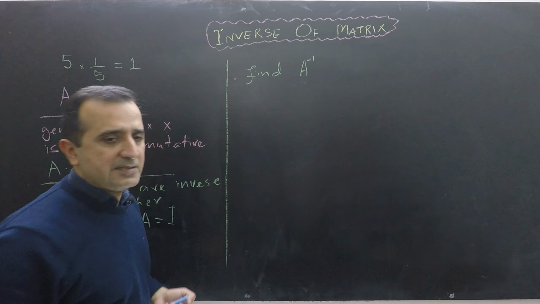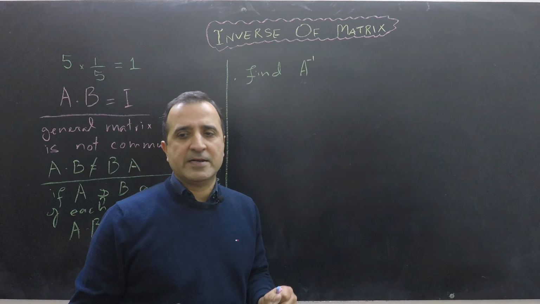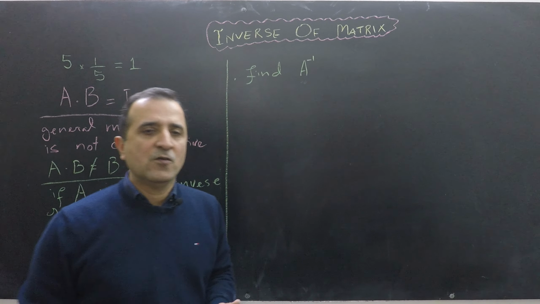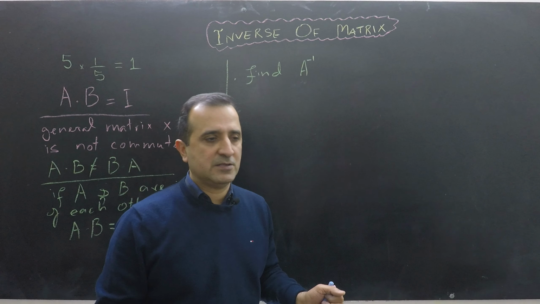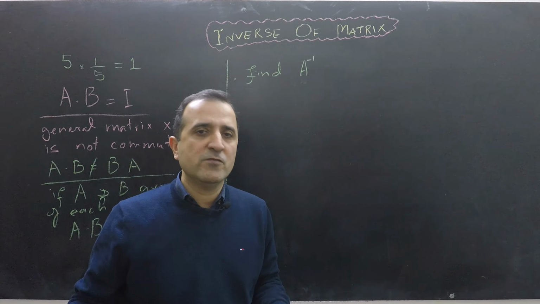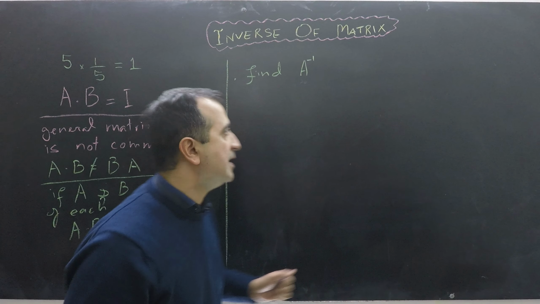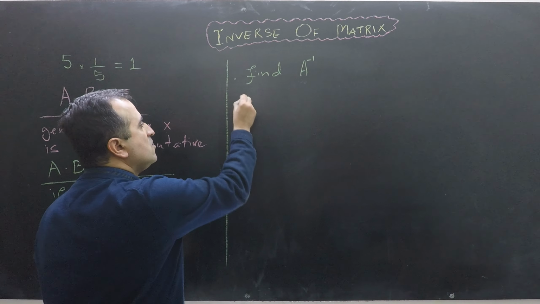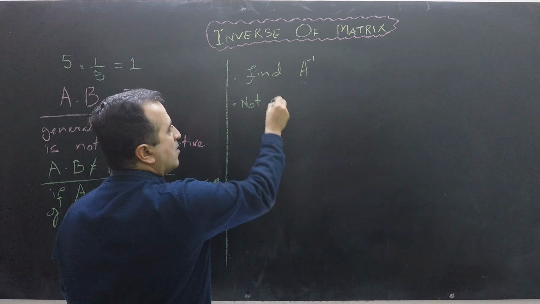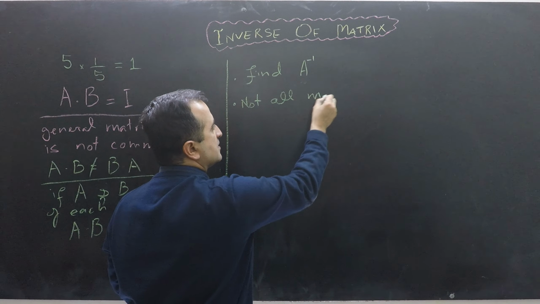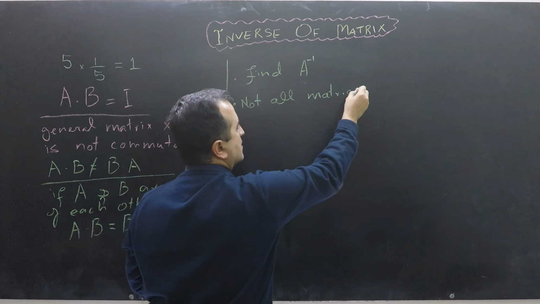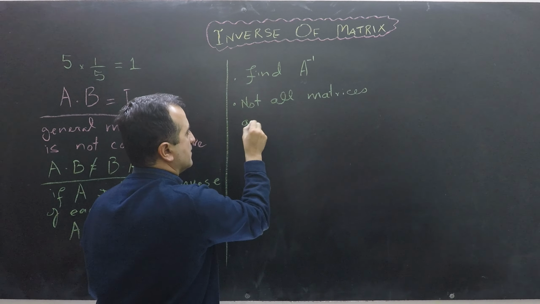An important thing is that not all matrices are invertible. That means for some matrices we cannot find the inverse, and in future videos we will make matrices by ourselves which are not invertible. We will learn that.